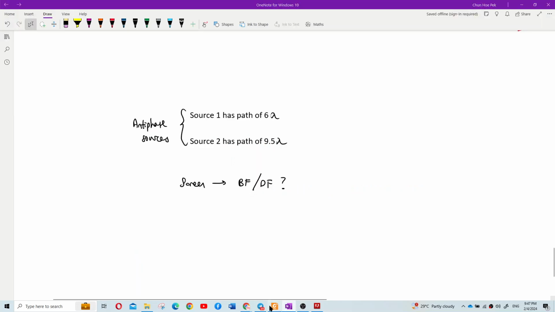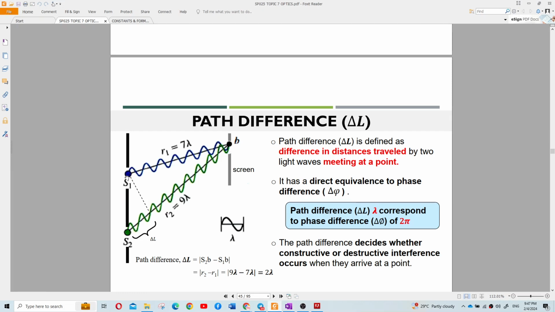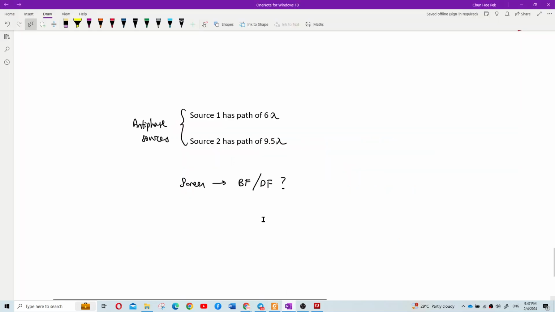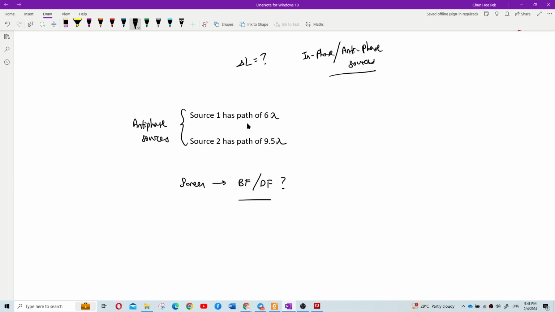You must also check whether the two waves are in phase or anti-phase sources first. So there are two factors: one is you must check the delta L, another is you must check whether it is in phase or anti-phase sources. Then only can you use the correct formula to determine bright fringe or dark fringe. Understand?